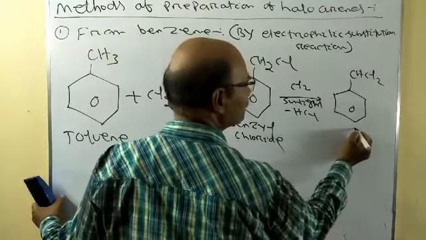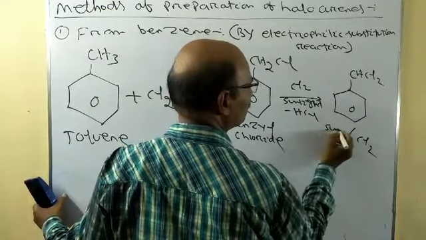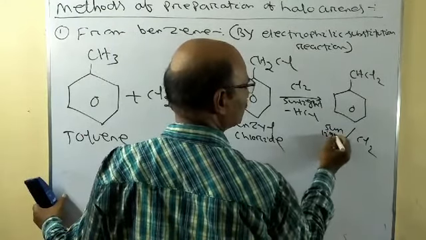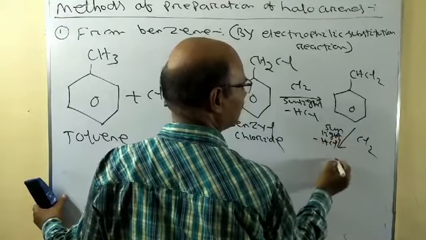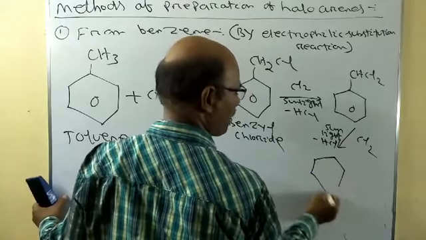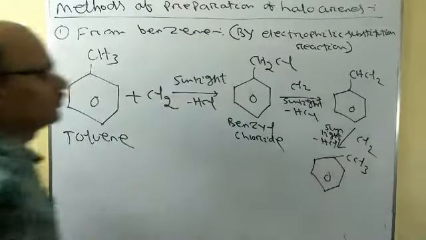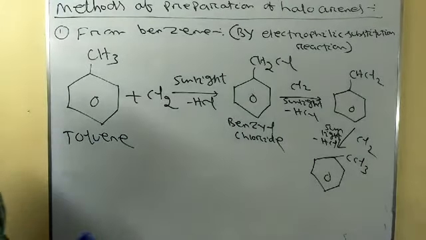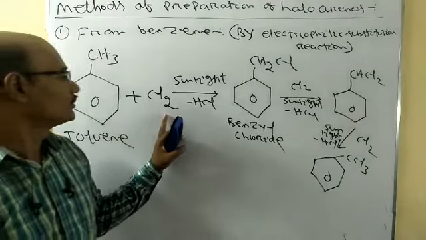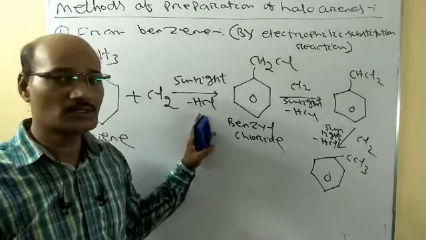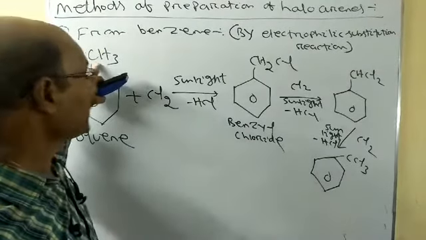Again Cl2, sunlight, minus HCl, you get CCl3. So when toluene is treated with halogens in presence of sunlight, substitution at the side chain takes place.